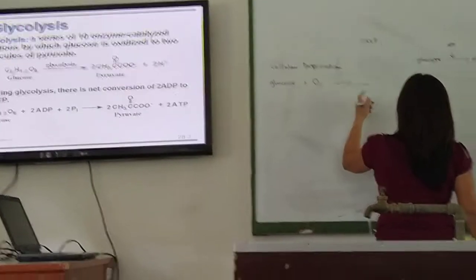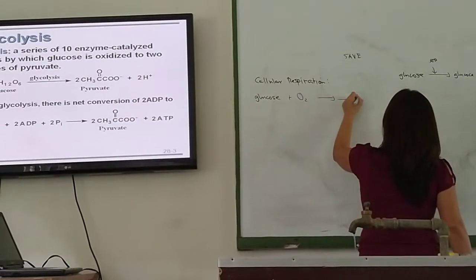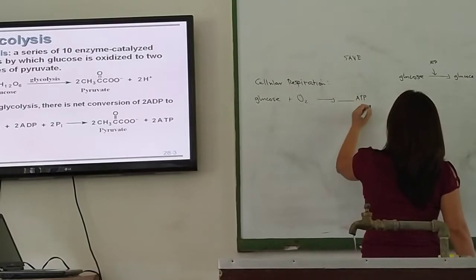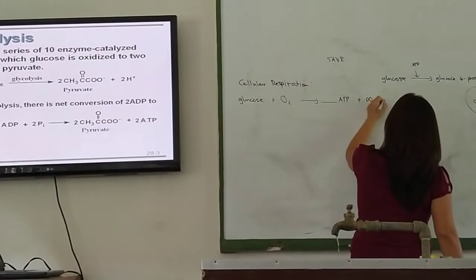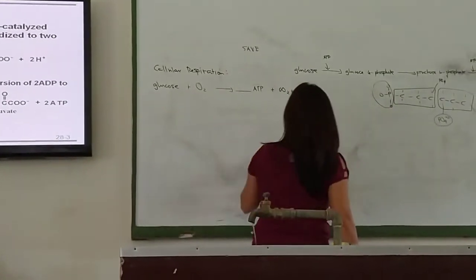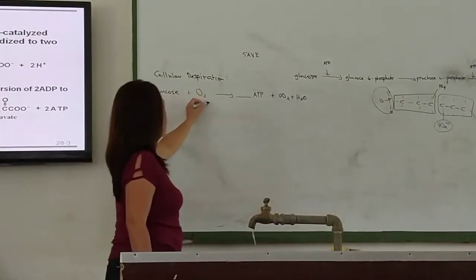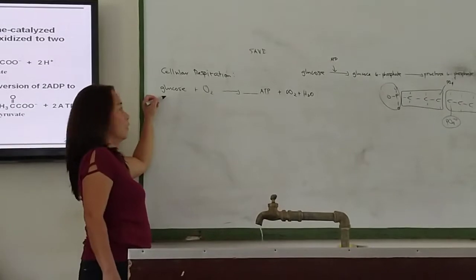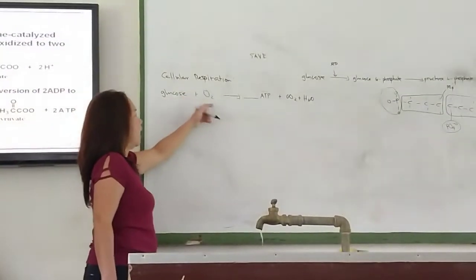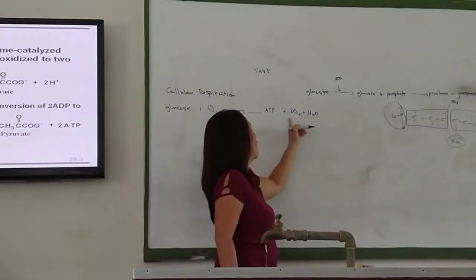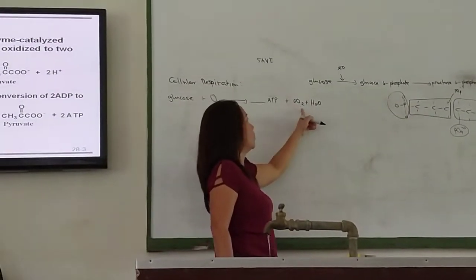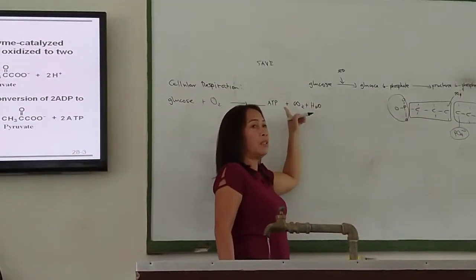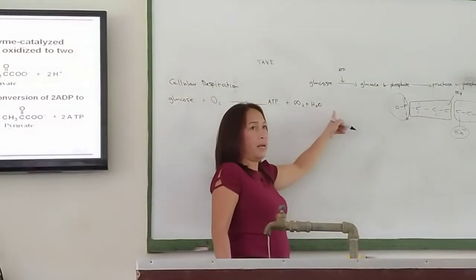So we will compute how many ATPs will be generated. These are the raw materials for cellular respiration, glucose and oxygen, and we have the end products: energy in the form of ATP, carbon dioxide, and water. These are the end products.